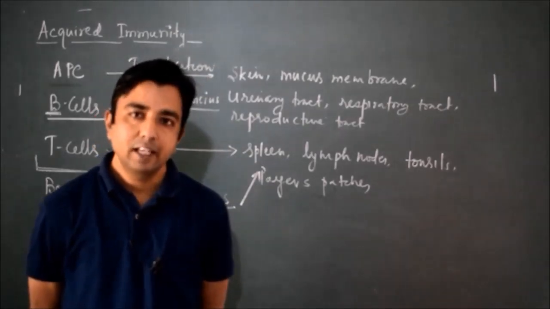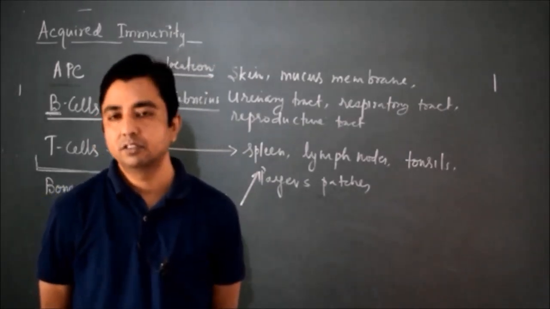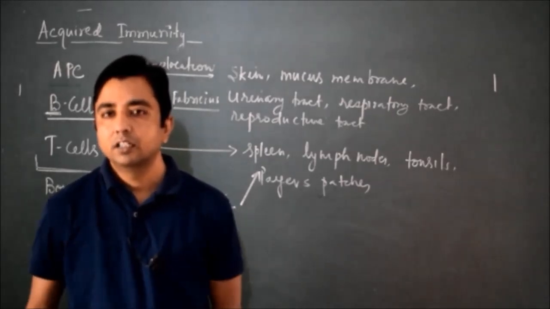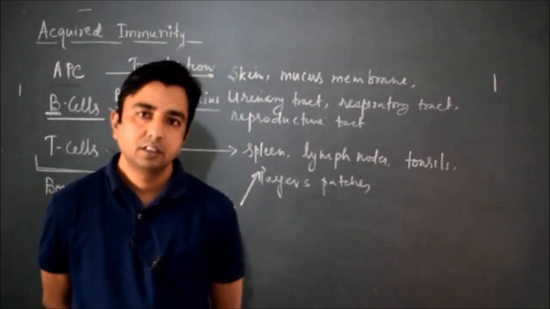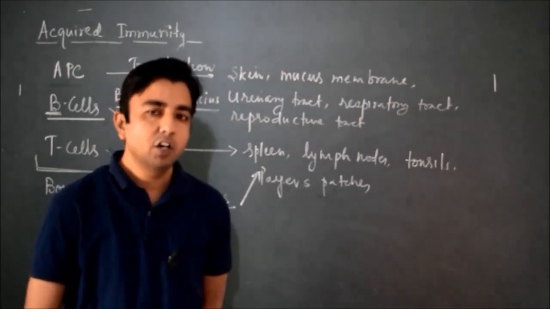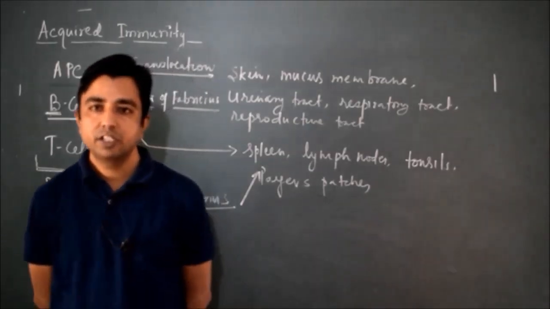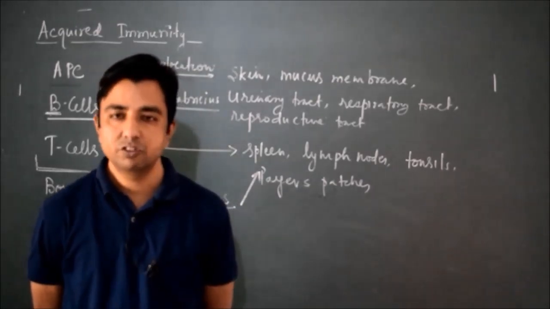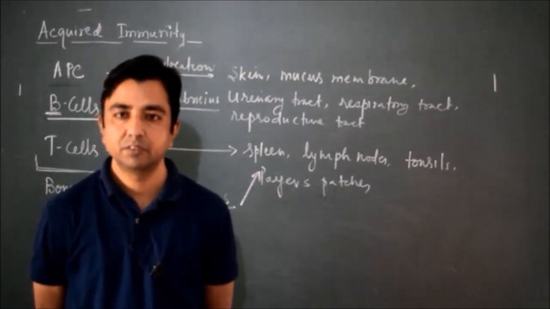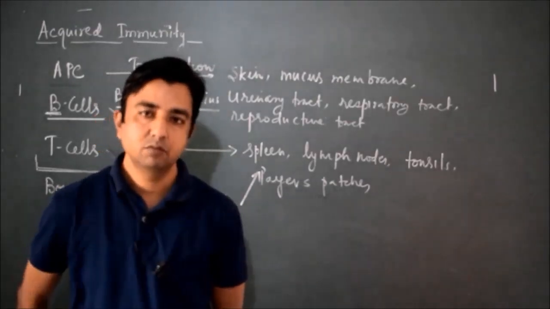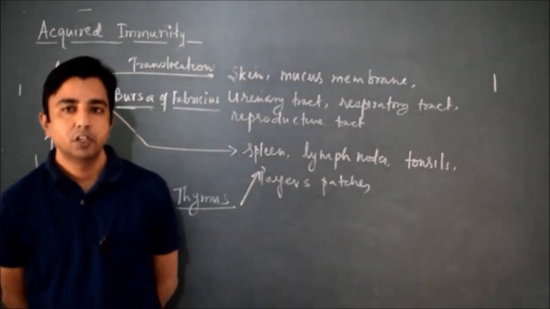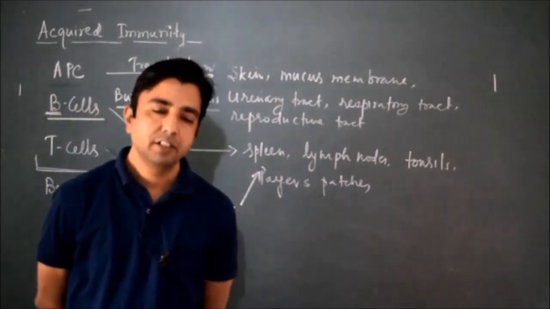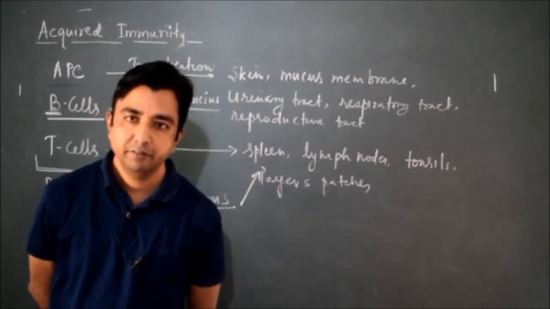As far as cell-mediated immunity is concerned, it is present in the lymphatic organs, and this kind of immunity is associated with T cells only. So in the next section we will be discussing humoral immunity, and after that cell-mediated immunity.